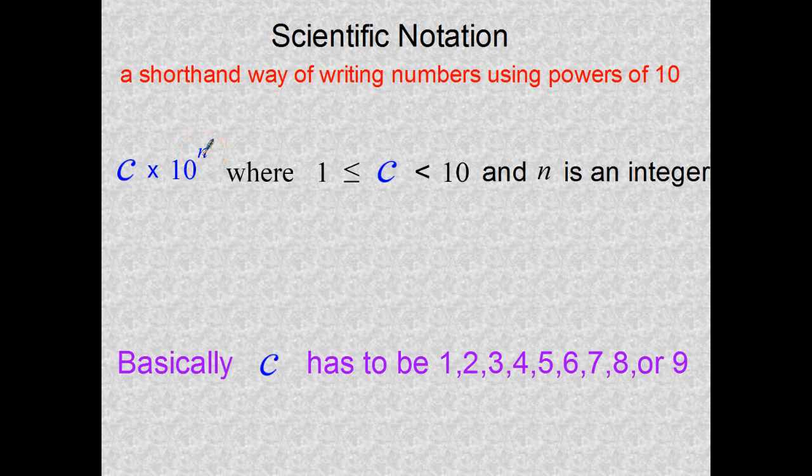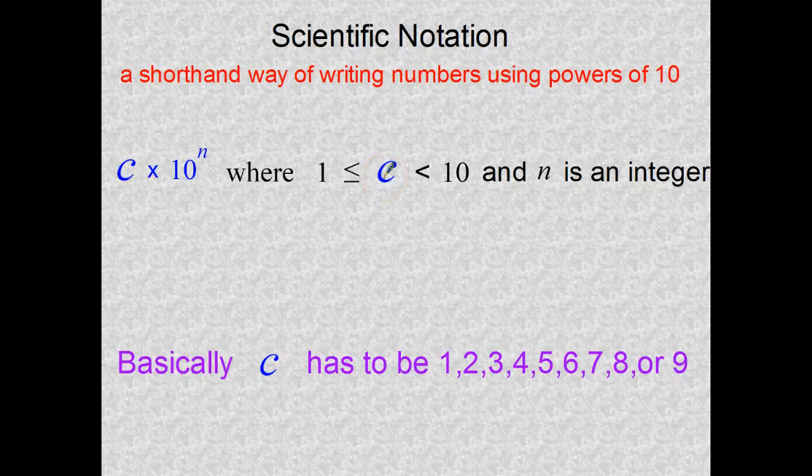Oh boy, this is exciting. Where 1 is less than or equal to C, which is less than 10. Or in other words, whatever this C is that you see here in the middle, C must be between 1 and 10. It can be equal to 1, but it has to be less than 10.